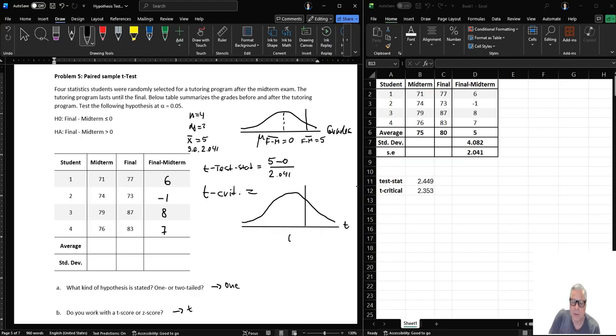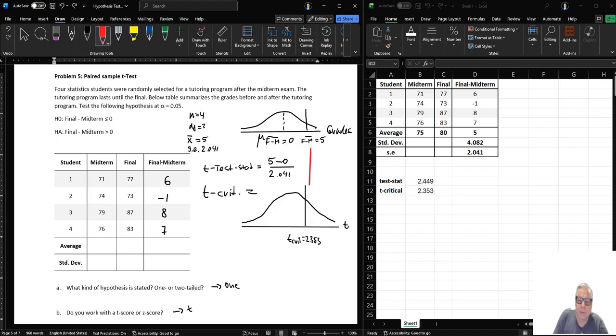This is our T critical, 2.353, but our actual t-score, the one that corresponds to the 5, our test statistic, maybe I should do that in a different color.